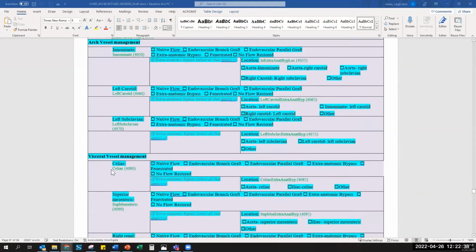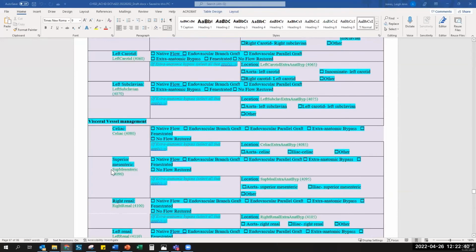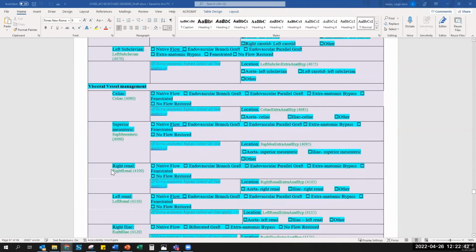It's the same exact answers: native flow, endovascular branch graft, endovascular parallel graft, extra anatomic bypass, or no flow restored. There are a few extra questions under the celiac and the renal.